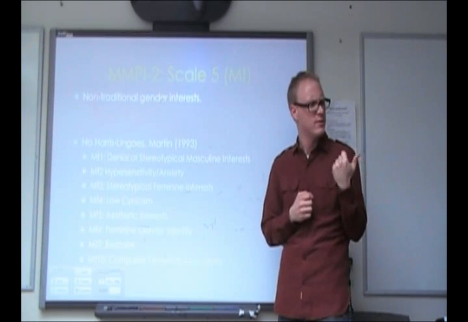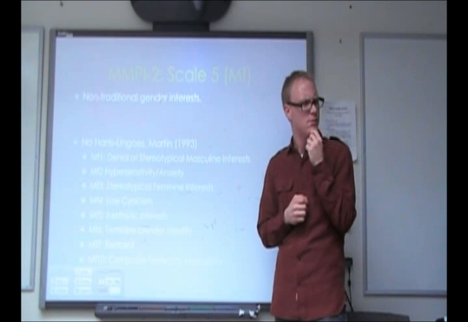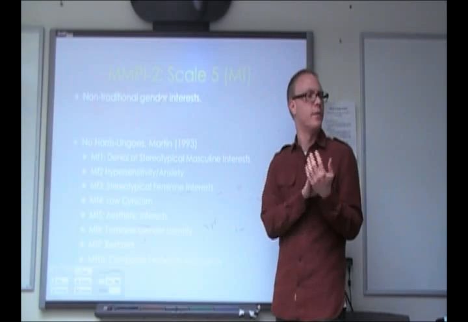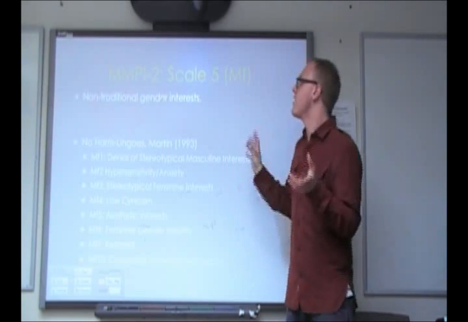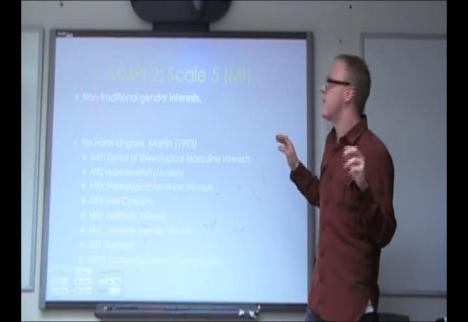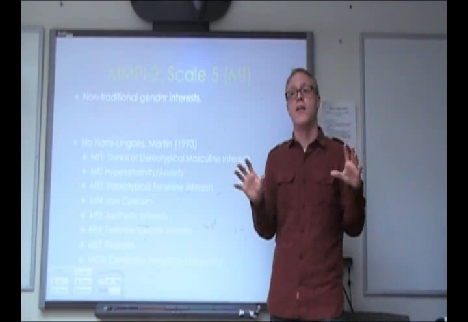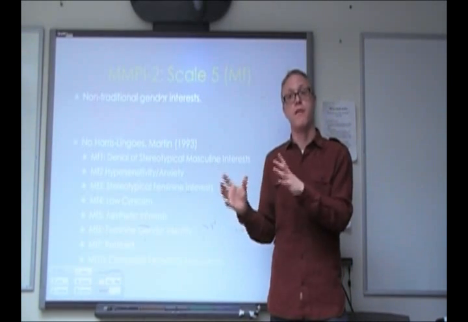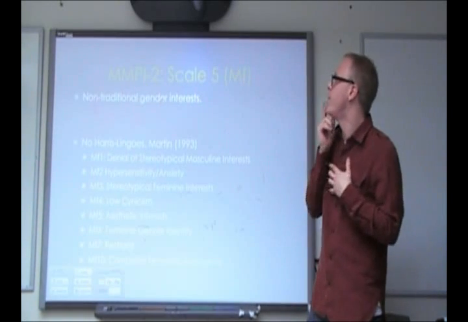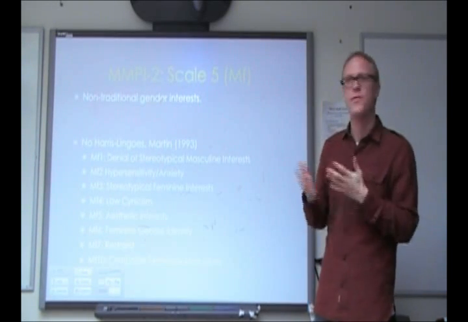Do you remember? No, not the neurotic triad. Some people divide the scales with 1, 2, and 3 as the neurotic scales, and then 6, 7, 8, 9 as the psychotic scales, because of the type of things they probe. And I'm not sure where scale 4 fits. I think it just hangs out by itself.